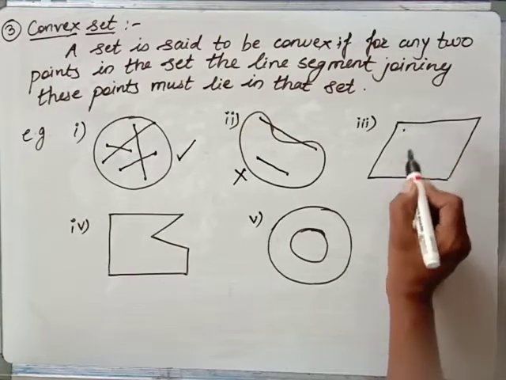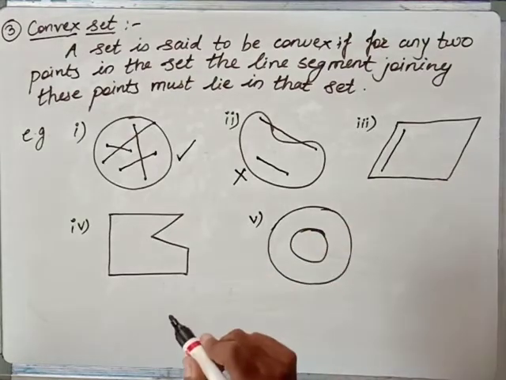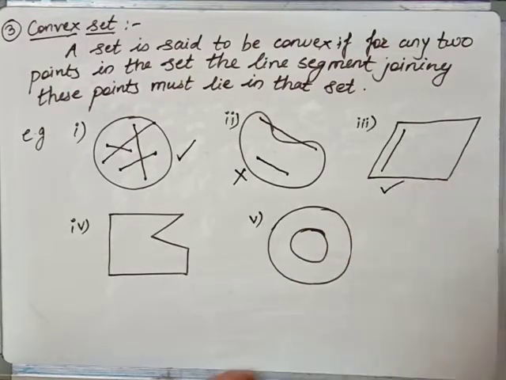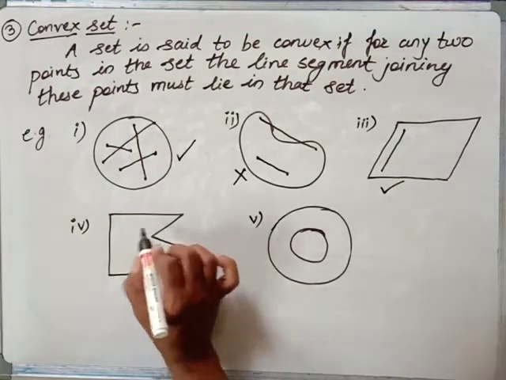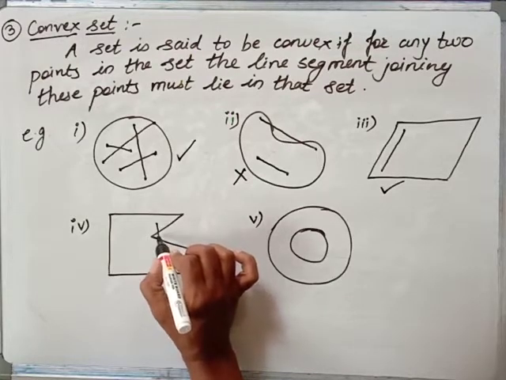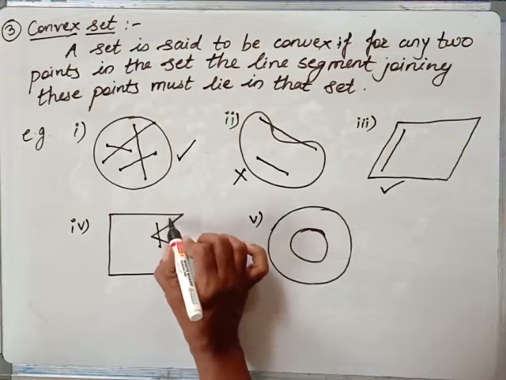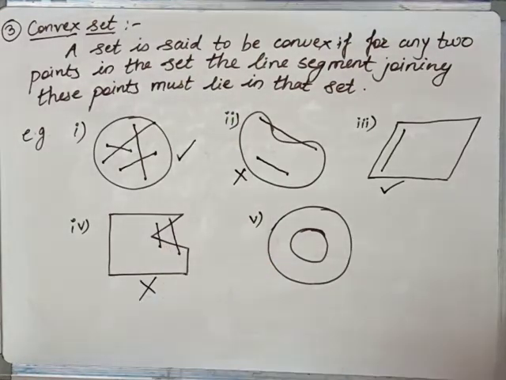I take any two points, and if I join them, that also lies in the same set. This is also a convex set. What about this one? You can easily observe, if I take points here, the line segment will come outside. Here also, the line segment will come outside. This is also not a convex set.